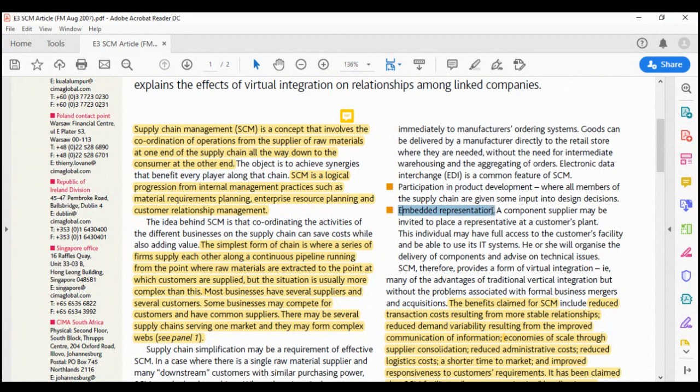And then embedded representation is also a common practice, where you have a representative of the company sitting at your warehouse. For example, a supplier could supply oxides that are used in the manufacturing of bricks.